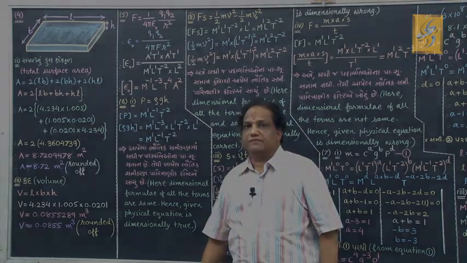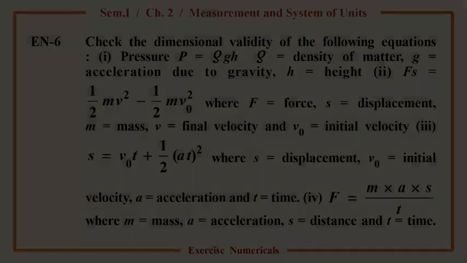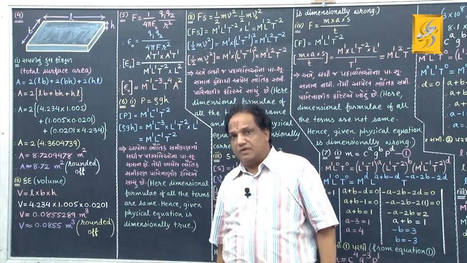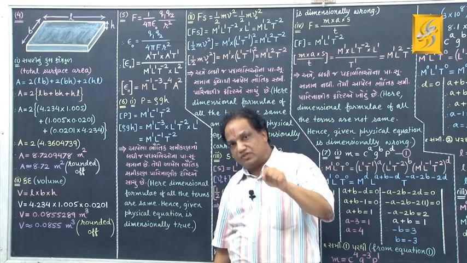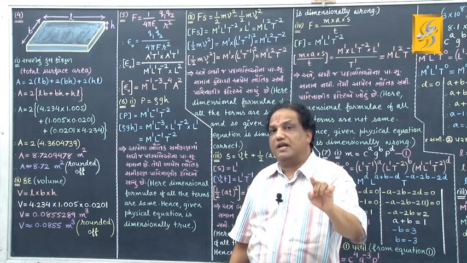Now read number 6. Read it? Look. Here in this example, we are given 4 examples and we have to check the dimensional validity, whether the given physical equation is dimensionally correct or false.